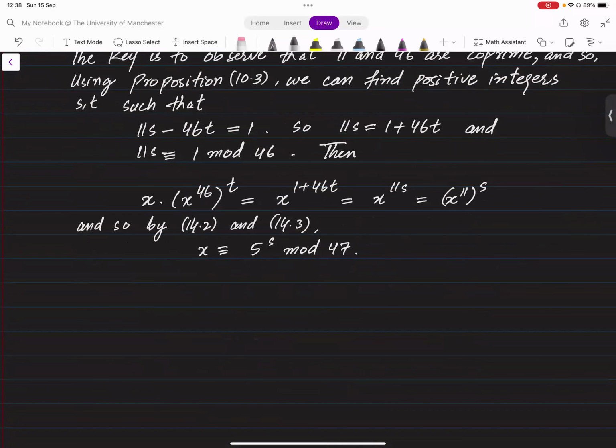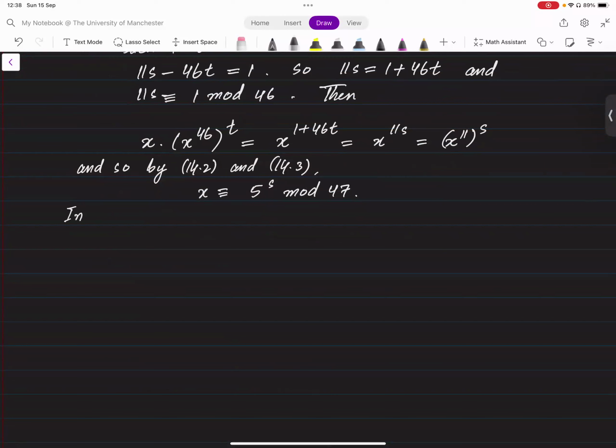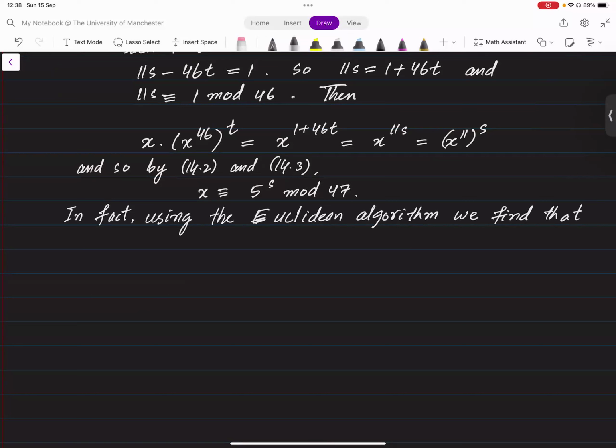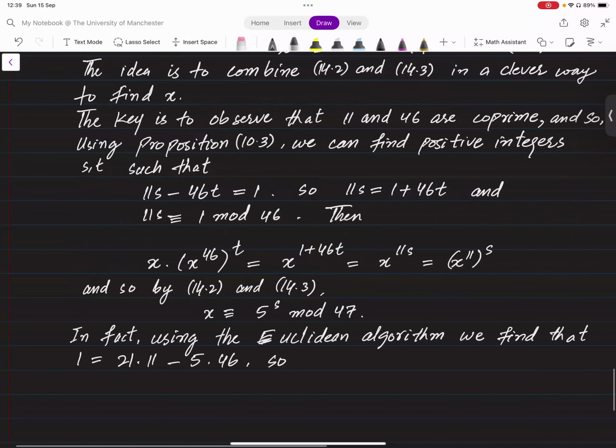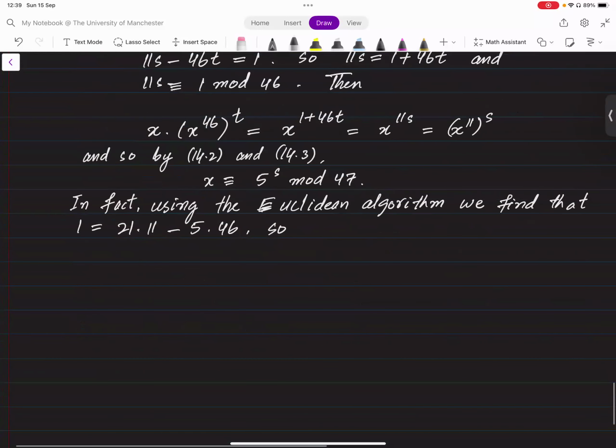Now, in fact, using the Euclidean algorithm, we find that 1 is equal to 21·11 minus 5·46. So s is 21 and t is 5.